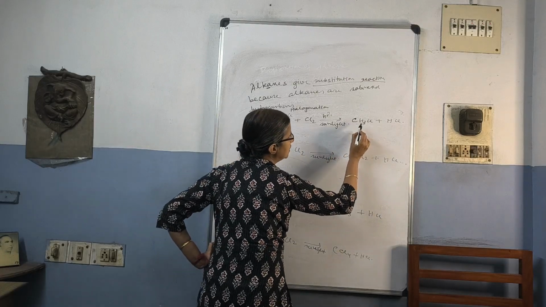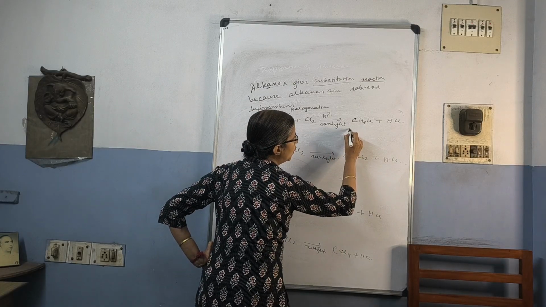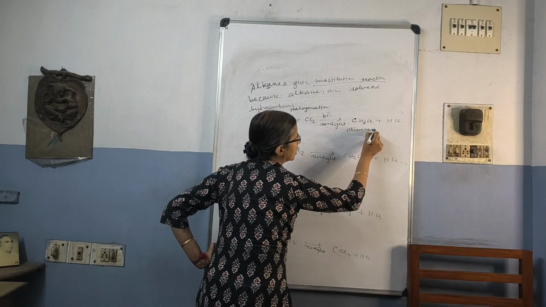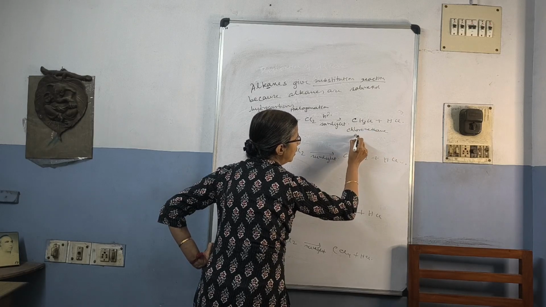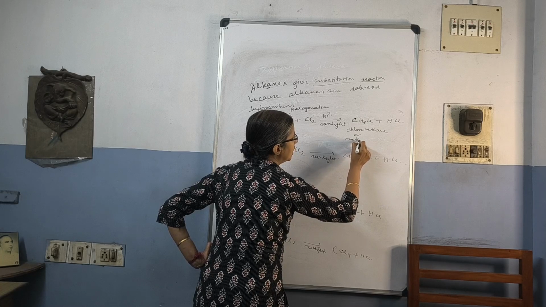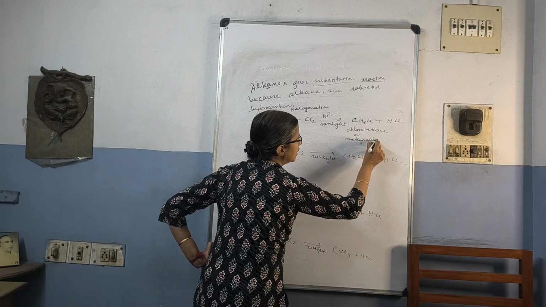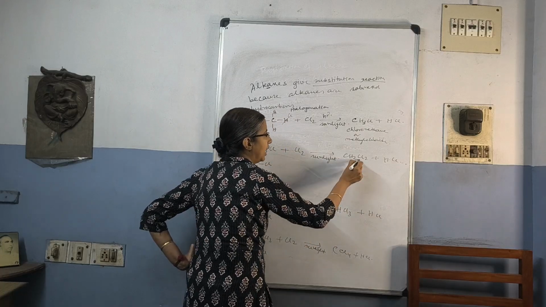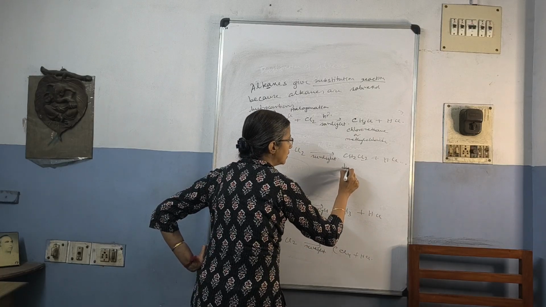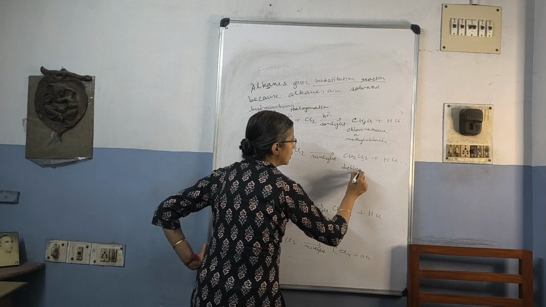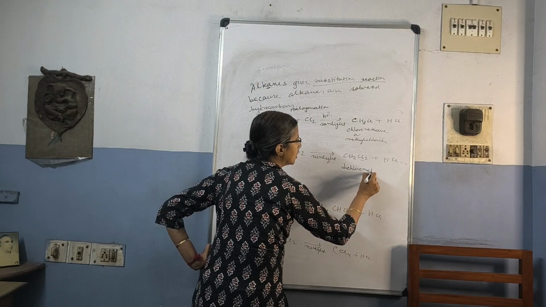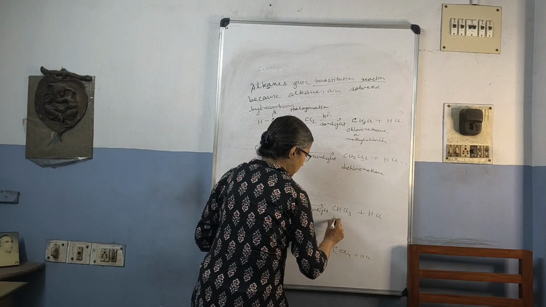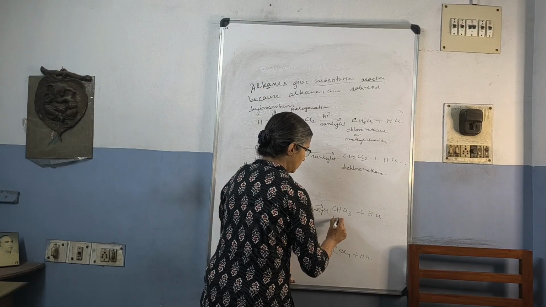Now about the names of these compounds. This is CH3Cl, so it is chloromethane or methyl chloride. Then it is dichloromethane. And this is trichloromethane.